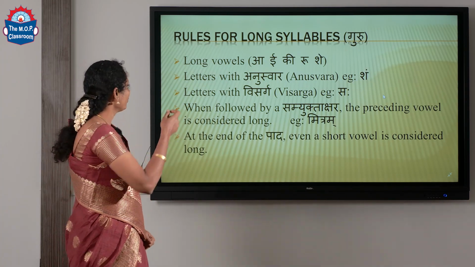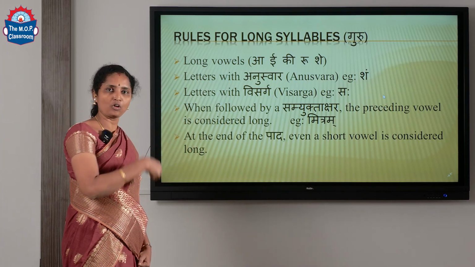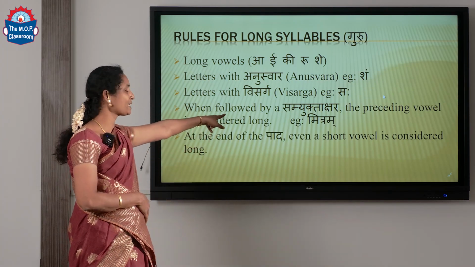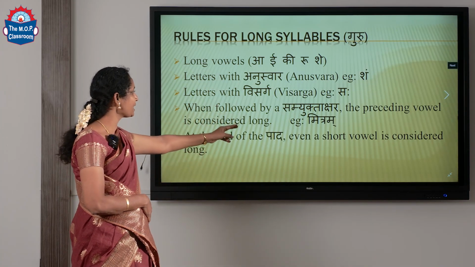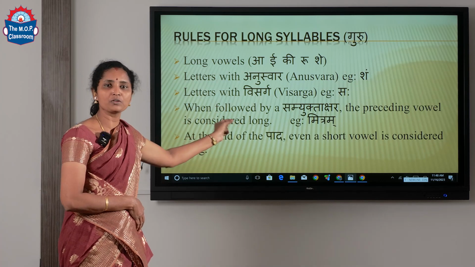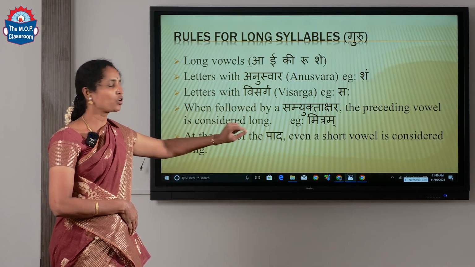Then what you have to do is consider the preceding vowel long. If you see the example mitram, mi is a short vowel, but the next syllable after mi is tra, which is a samyuktakshara, a combination of 2 or more consonants.